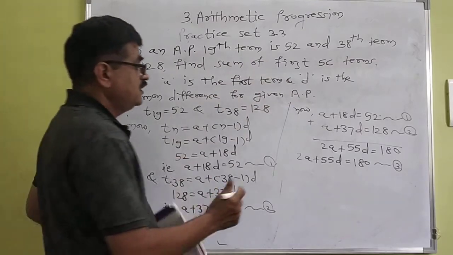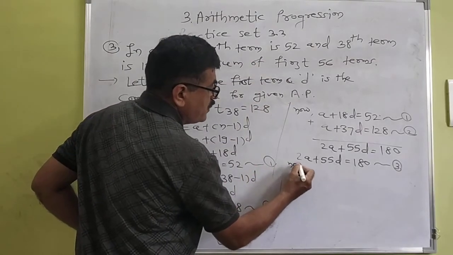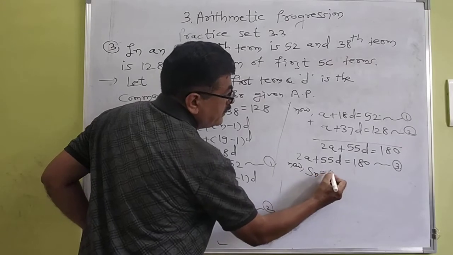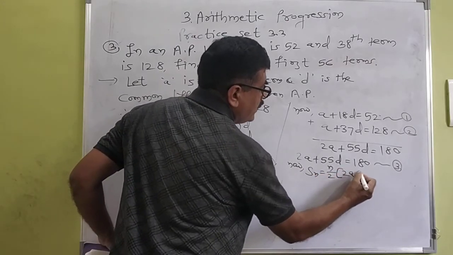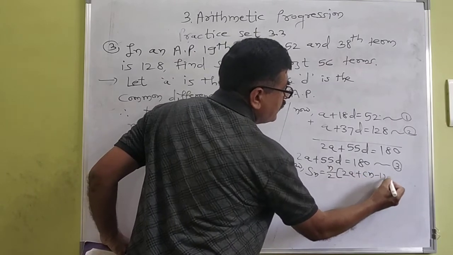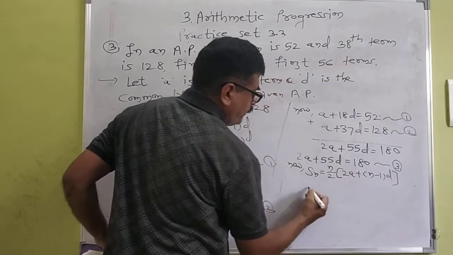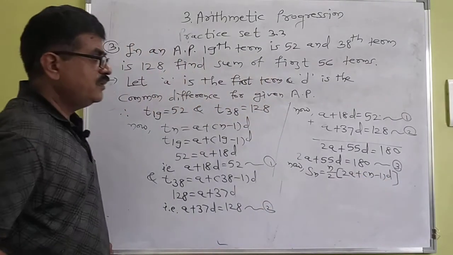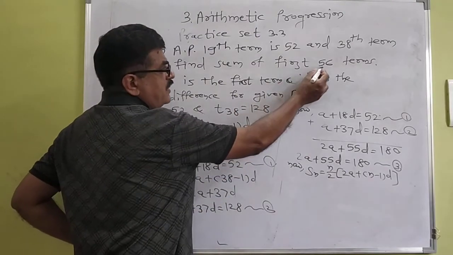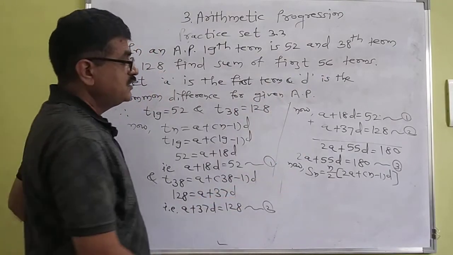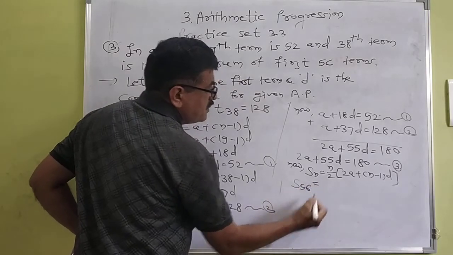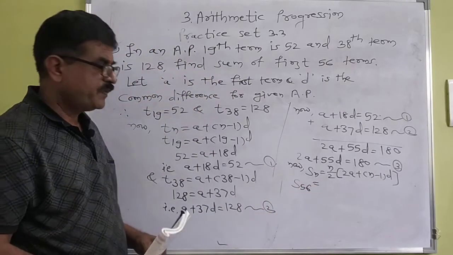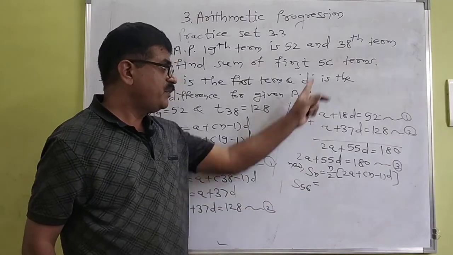Now write down the formula for Sn is equal to n upon 2 into bracket 2A plus n minus 1 into D. Now take the value of n, here 56. Therefore S56. What is the meaning of S56? That is the sum of 56 terms.